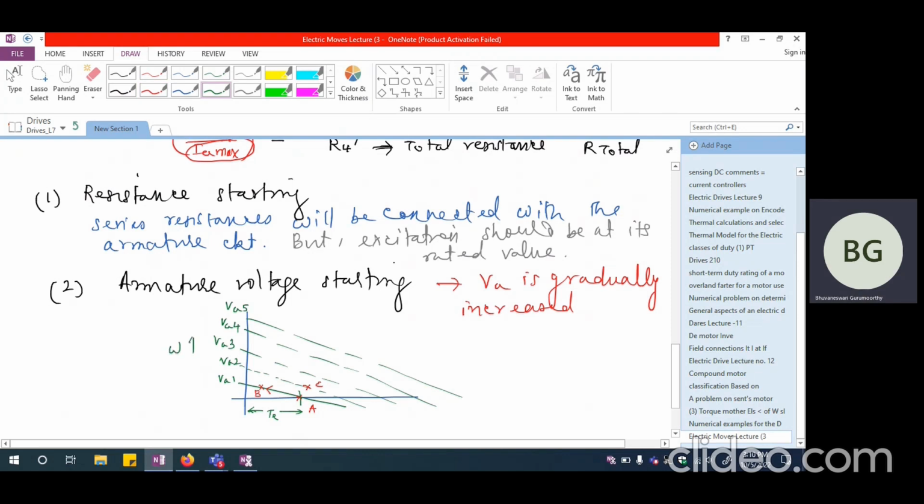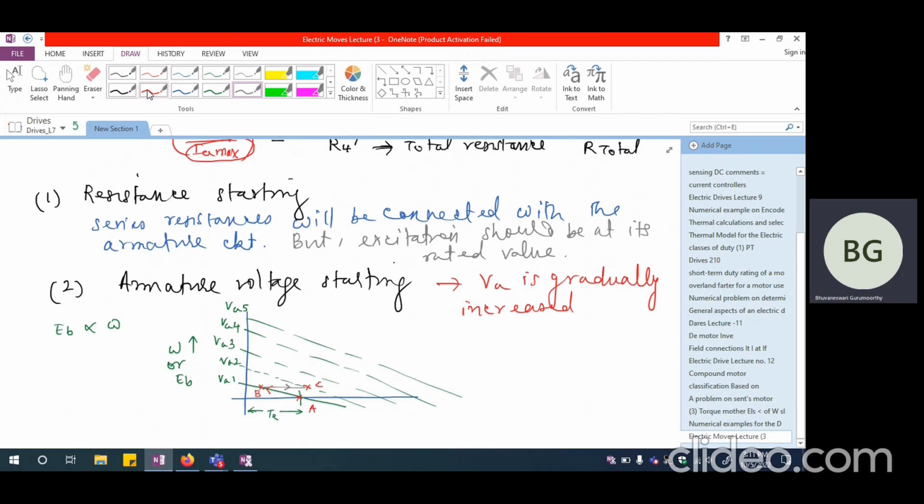So this is going to be the speed as well as voltage axis, because if you look at speed and voltage relationship, EB is going to be proportional to omega at constant flux. That's why I can say this is omega or EB. Either way is fine. So now from B, it will shift to C when I try to change the voltage now to VA2.